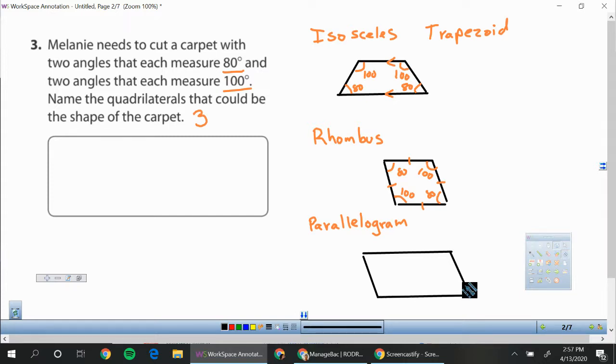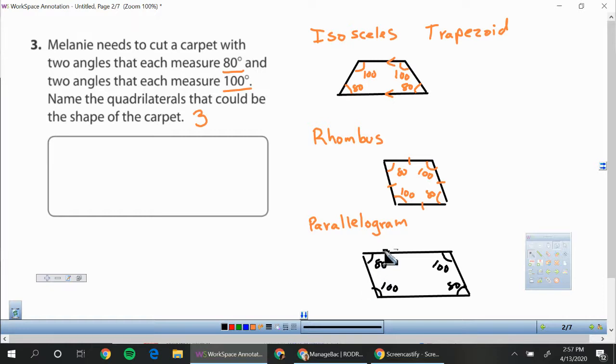It's a little bit different. And then this angle can still be 100, this one 100, this one 80, and this one 80, satisfying our two angles each measuring 80 and two that each measure 100.